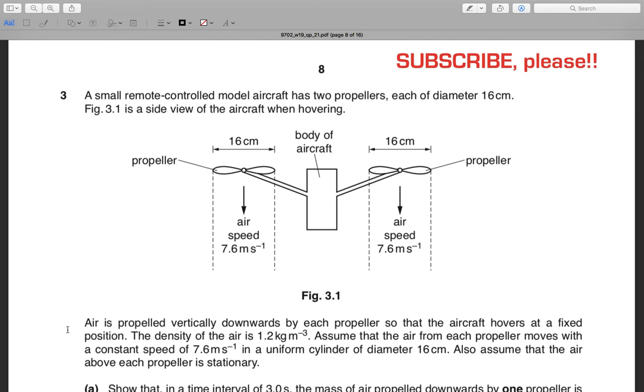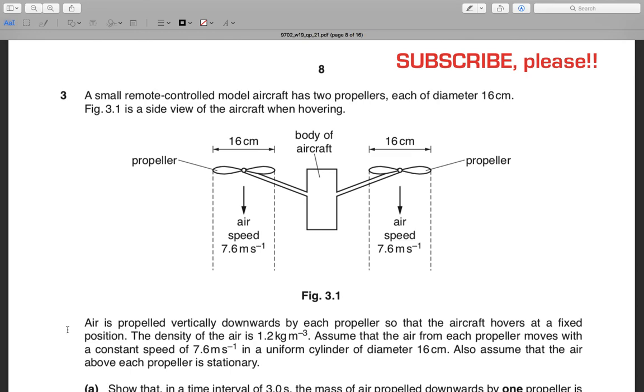Now, air is propelled vertically downward by its propellers so that the aircraft hovers at a fixed position. The density of the air is 1.2 kilogram per cubic meter. Assume that air from its propeller moves with a constant speed of 7.6 meters per second in a uniform cylinder of diameter 16 centimeters.